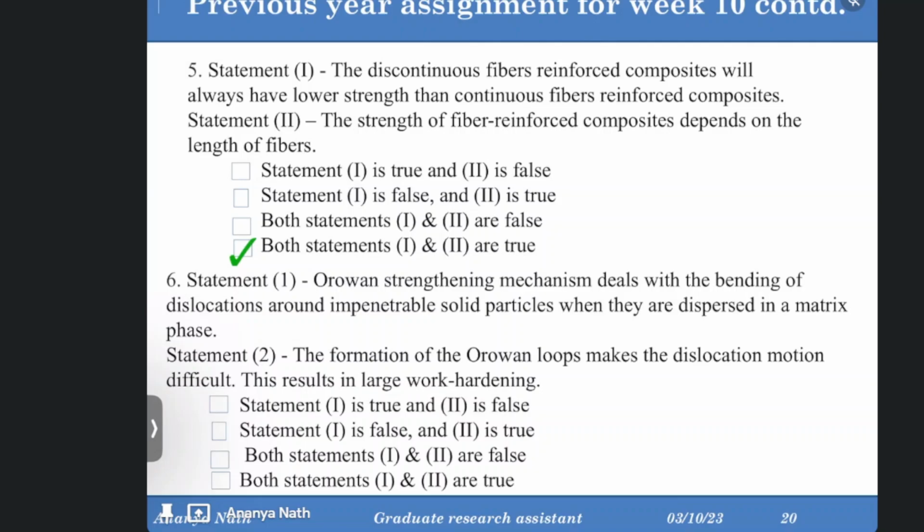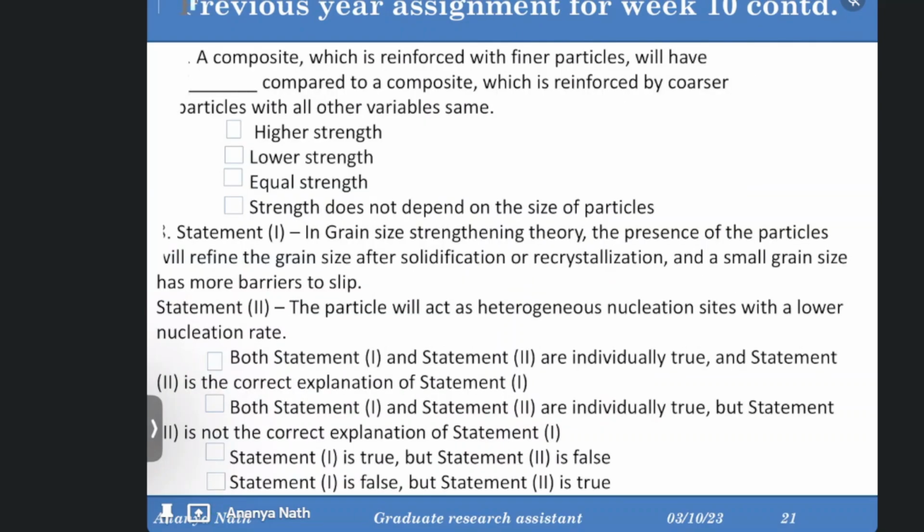The Orowan strengthening mechanism deals with the bending of dislocations around impenetrable solid particles when they are dispersed in the matrix phase. The formation of Orowan loops makes dislocation motion difficult, which results in large work hardening. Both statements are true. Next, a composite reinforced with finer particles will have higher strength compared to a composite reinforced with coarser particles.